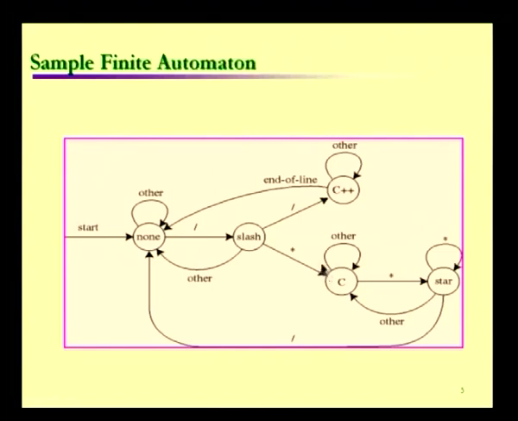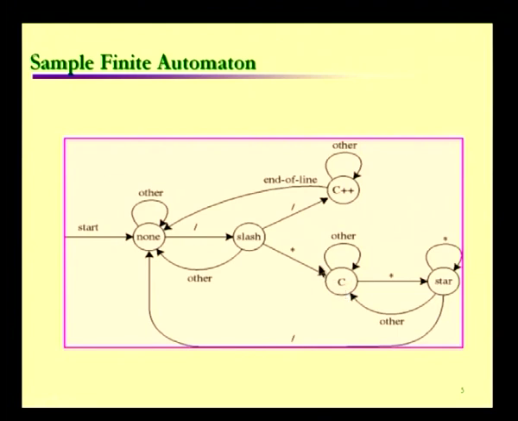We have an example of a simple finite automaton. Wherever we have a circle, they are actually called states. This is an example of a finite automaton which will recognize comments from C++ programs as well as from C programs.